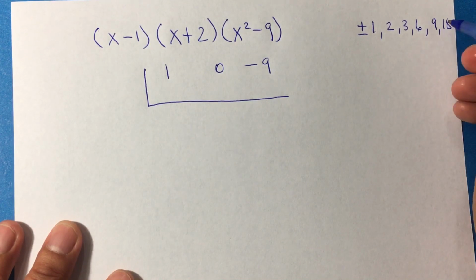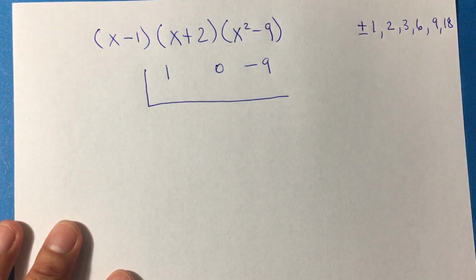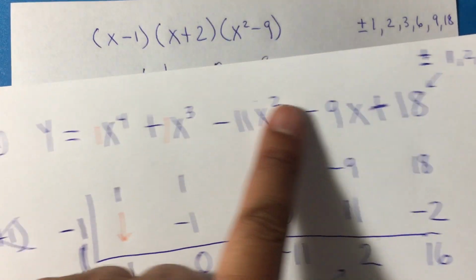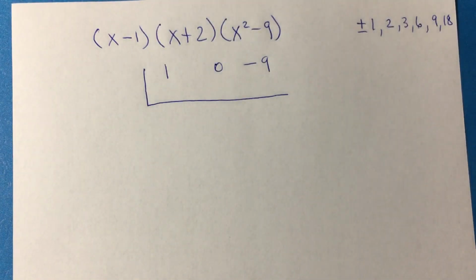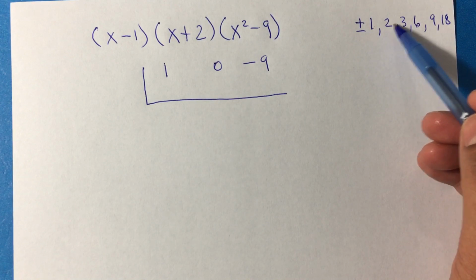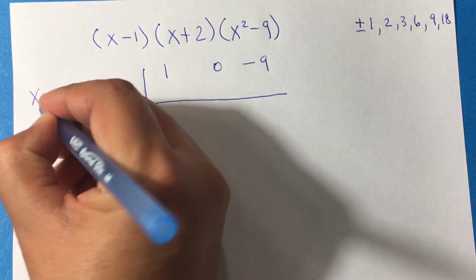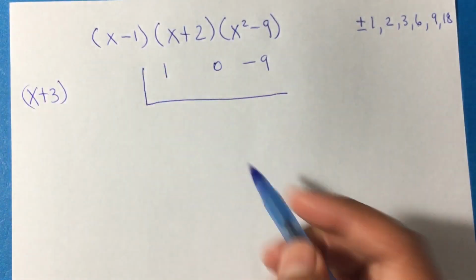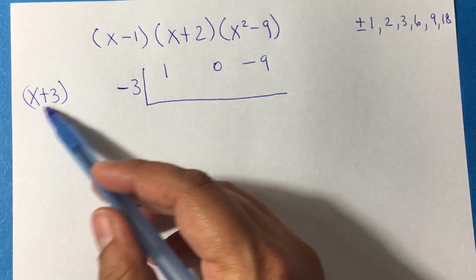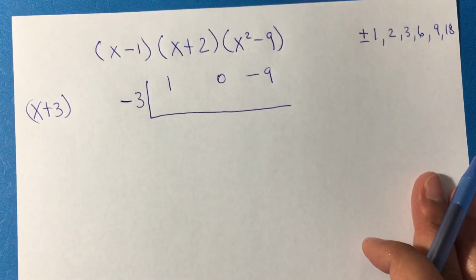These are just the values of the factors of the constant, right? The last number in the initial polynomial. So we already did positive and -1, positive and -2. Let's go with 3. x plus 3. And so we put the opposite in here. Okay, if it's adding 3, we put -3.